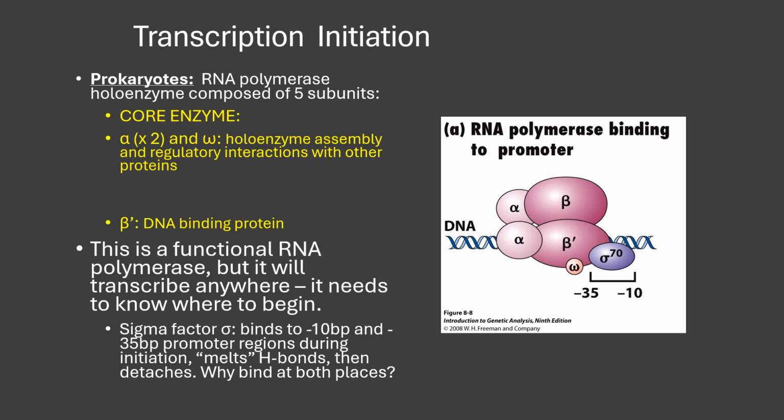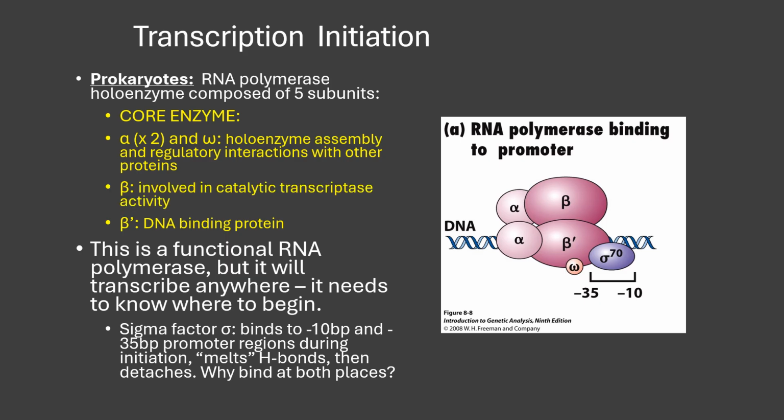In prokaryotes, it's a simpler structure with fewer subunits, and in eukaryotes, many more subunits are present. But in prokaryotes, the core of the RNA polymerase enzyme is a couple alpha subunits, an omega subunit, and beta subunits.